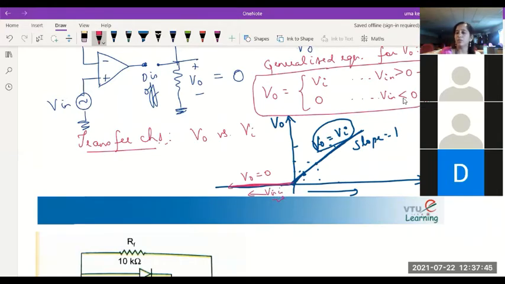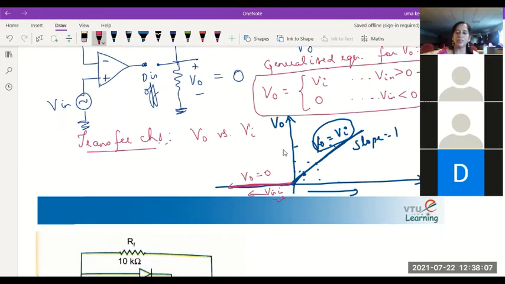We saw for V in less than 0, output remains 0. For V in greater than 0, output follows the input. So you will see transfer characteristics looking something like this. Is that clear? So this is about the half-wave precision rectifier and its transfer characteristics.